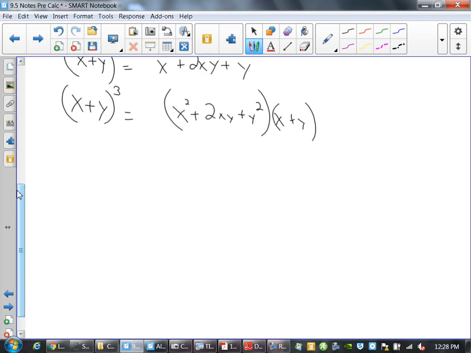I get an x cubed, a 2x squared y, an xy squared, x squared y, 2xy squared, and a y cubed. And then we would combine our like terms.